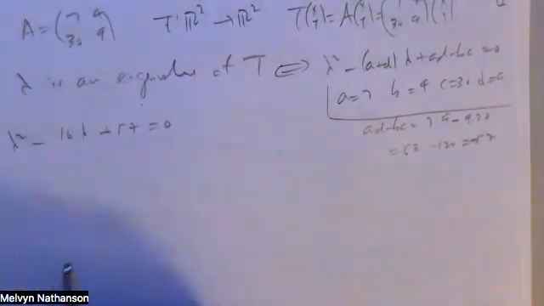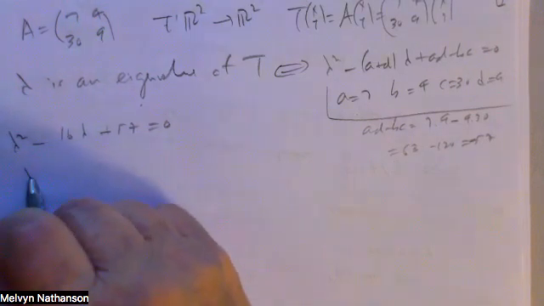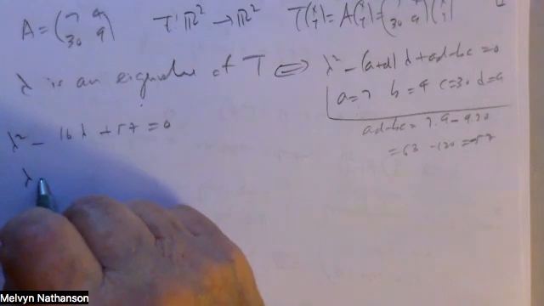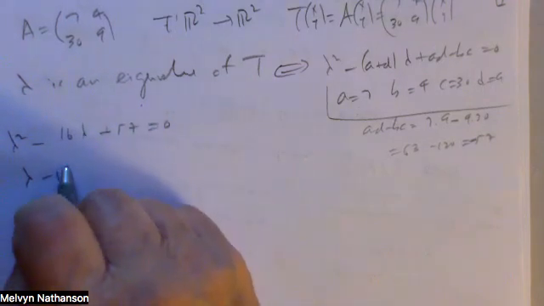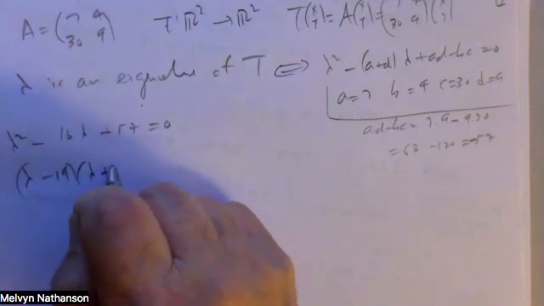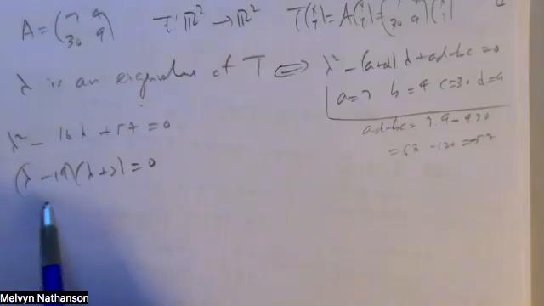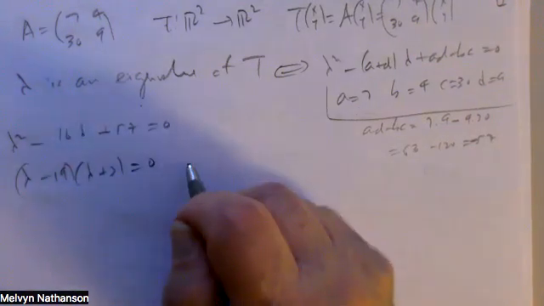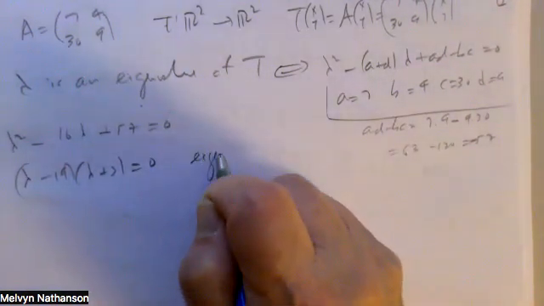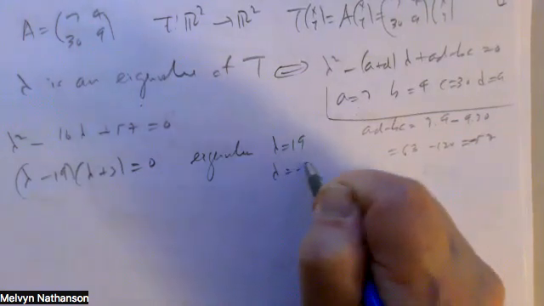So we have to solve this quadratic equation. I notice that 57 is 3 times 19. So this factors into (lambda minus 19)(lambda plus 3) equals 0, because if you check, multiply it out, this is what you get. So the roots, or the eigenvalues, are lambda equals 19 and lambda equals minus 3.